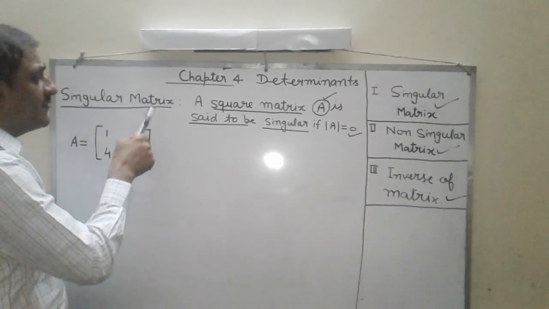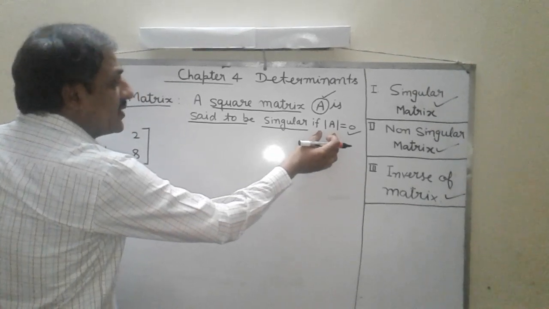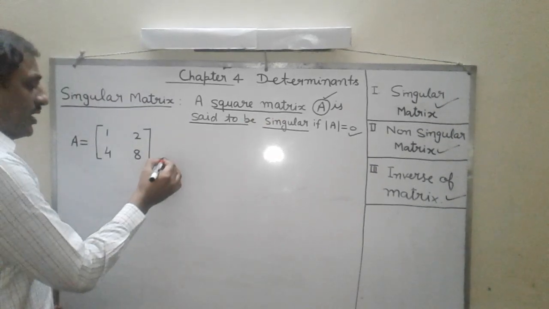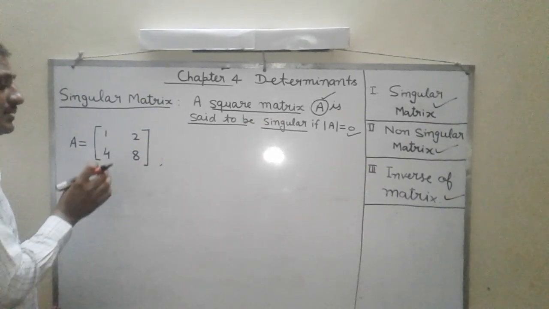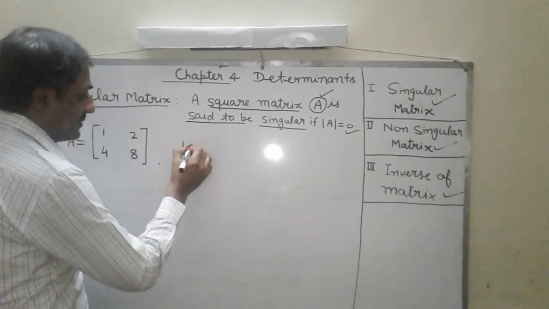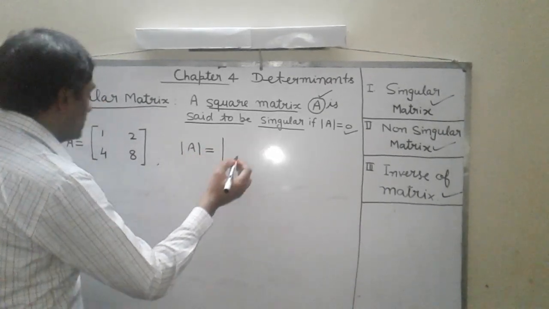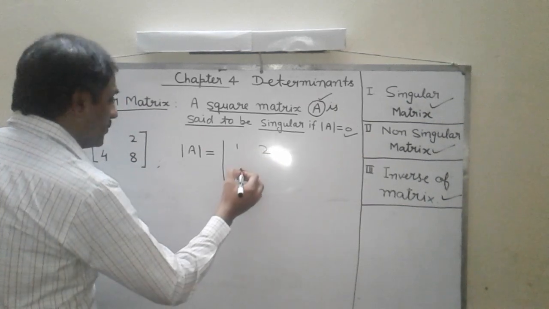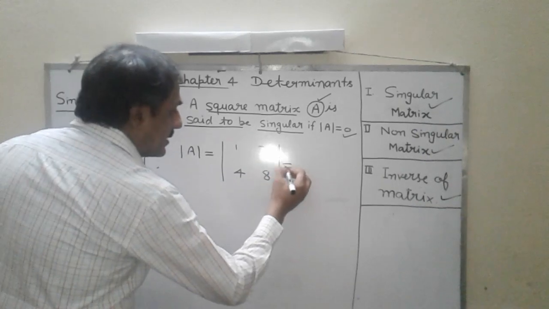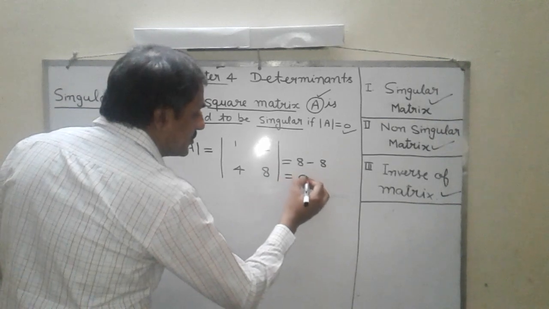According to the definition of singular matrix, if the value of the determinant of a square matrix is equal to 0. Now I am going to find the value of the determinant of this matrix, which is |1 2; 4 8| = 8 minus 8, which is equal to 0.